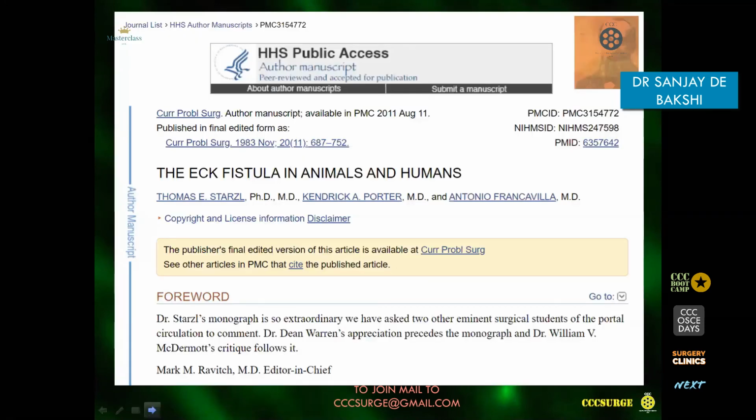I would recommend this fabulous monograph written by Thomas Starzl, who's the father of liver transplant, in America. If you can read that, it's a wonderful read, and it goes through how Eck, this chap was Eck, Nikolai Vladimirovich Eck, in the 1880s, was doing that sort of surgery on an experimental basis on dogs, and that was how we learned a lot.